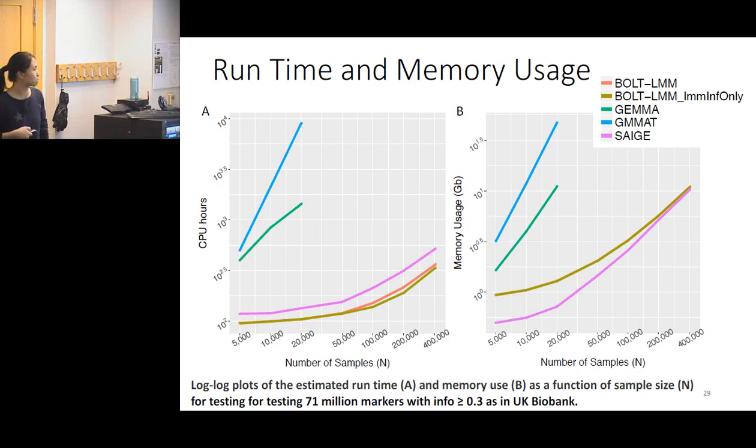SAIGE, the purple line, is on a similar scale as BOLT-LMM, though SAIGE still needs more time than BOLT-LMM. We think the potential reason is that fitting a logistic mixed model is harder than fitting a linear mixed model. The memory usage is the same: SAIGE has very similar memory usage to BOLT-LMM, but the other two methods need a very large amount of memory to fit the model.